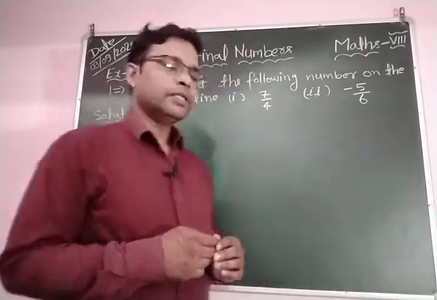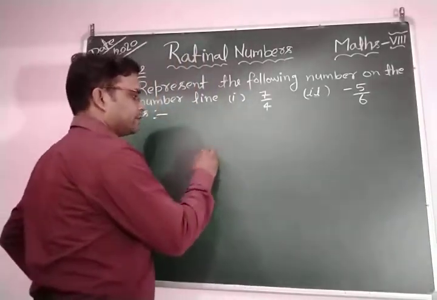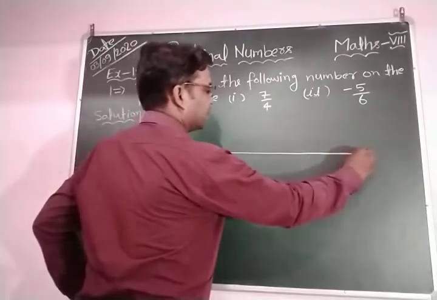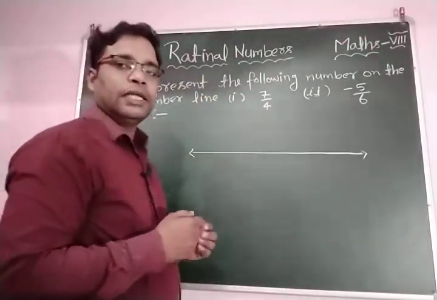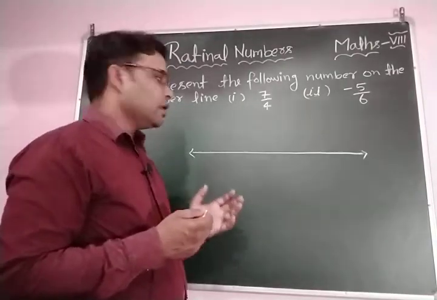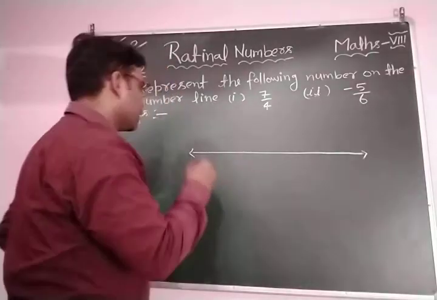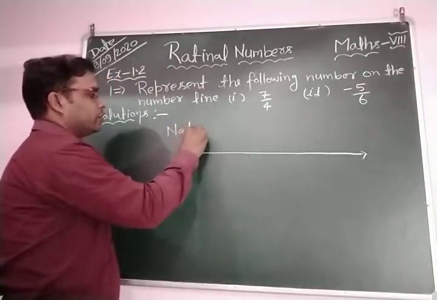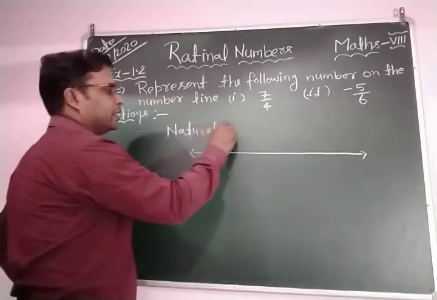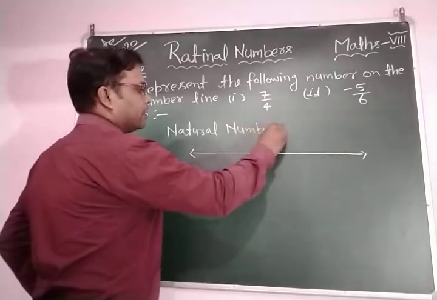Okay, so let's see. This is a line. When we plot numbers on this line, it becomes a number line. First, let us represent natural numbers on the number line.